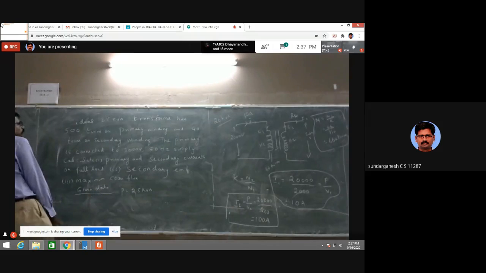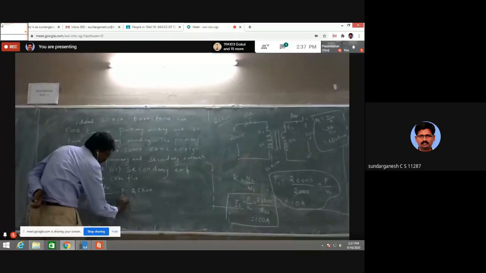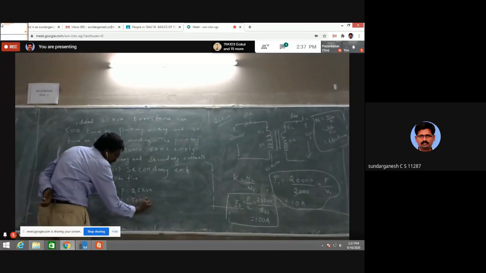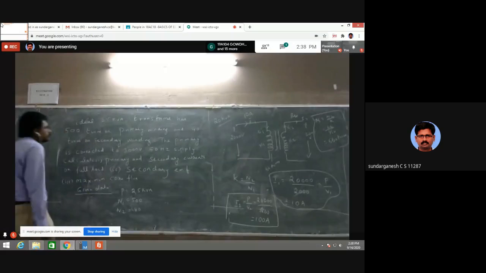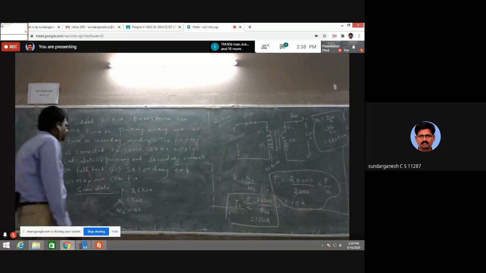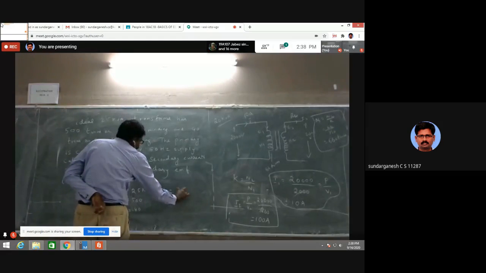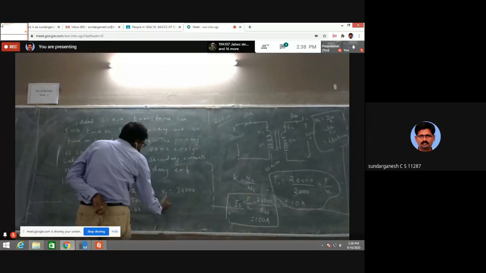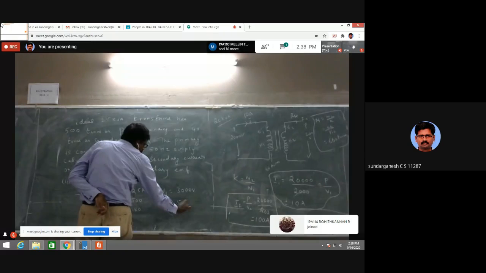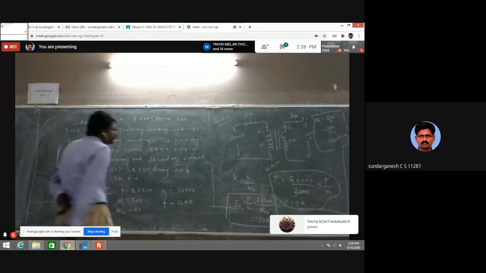Then N1 is 500, N2 is 40. Voltage and frequency are given: primary V1 equal to 3000 volts, and f is 50 hertz. These are the given data.